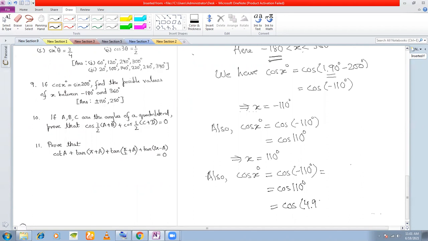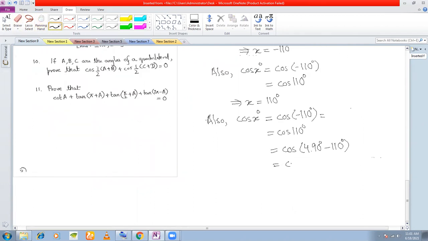So 4 into 90 minus 110, which means 360 minus 110 is 250. That means x is equal to 250 degree. That's it. Hence the values of x are minus 110, plus 110 and 250 degree.